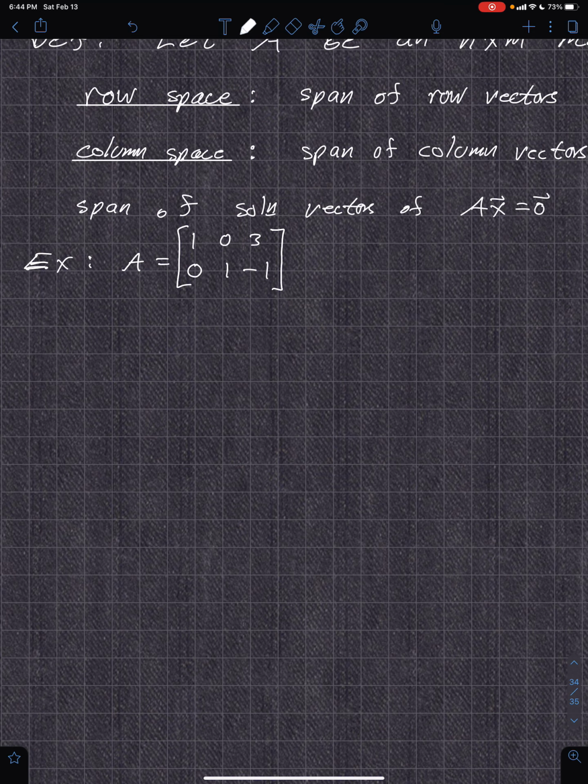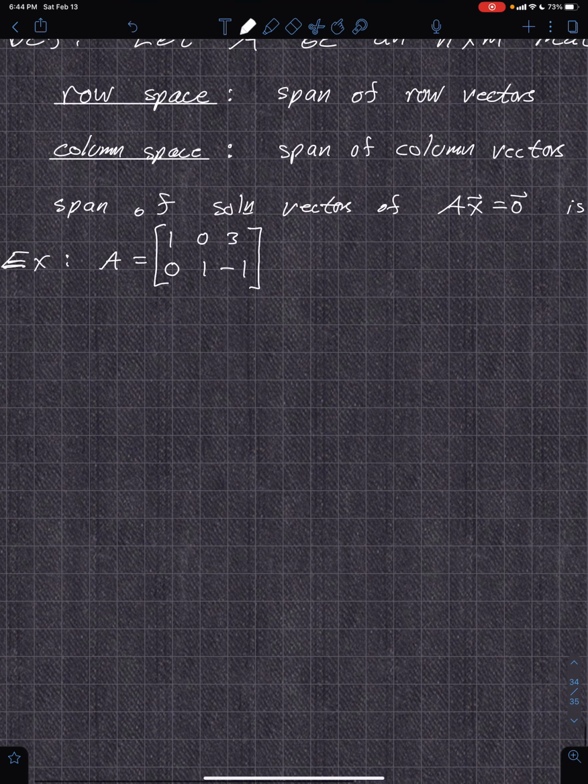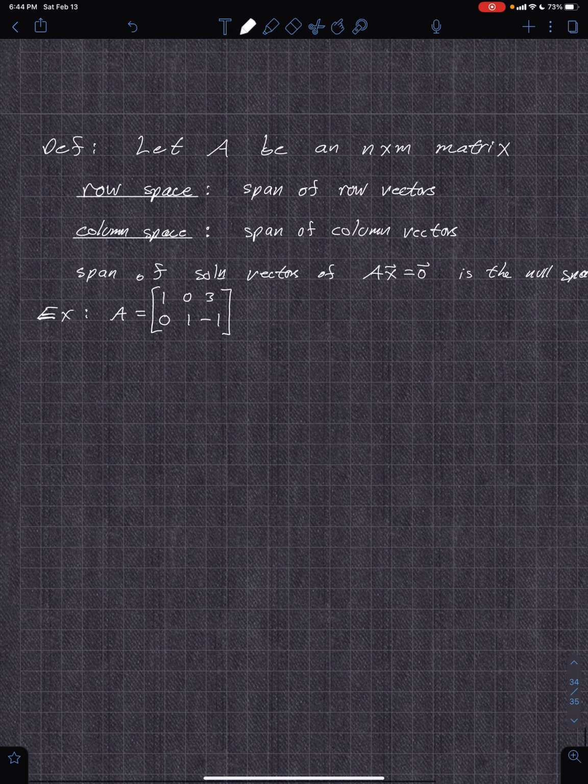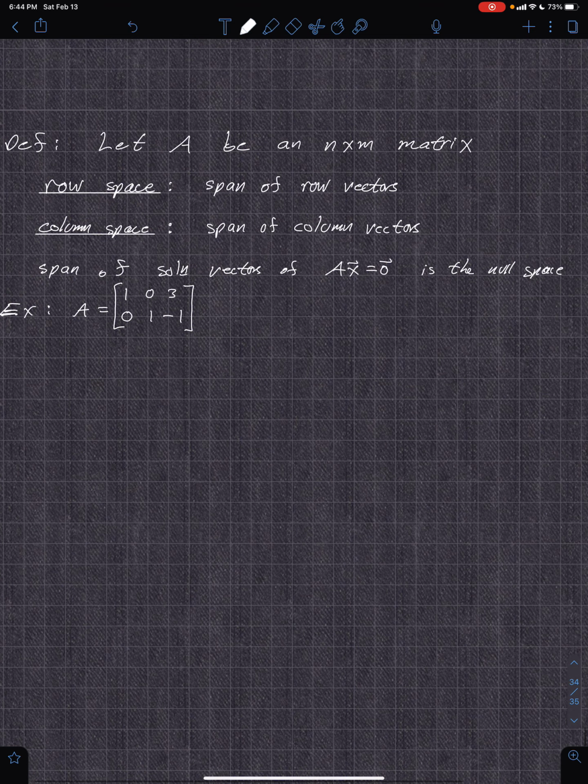Like that. So before we just start talking about span of vectors, null space, column space, and all that, let's just solve the homogeneous system. So let's just say you solve AX equal to 0 and see what you get.